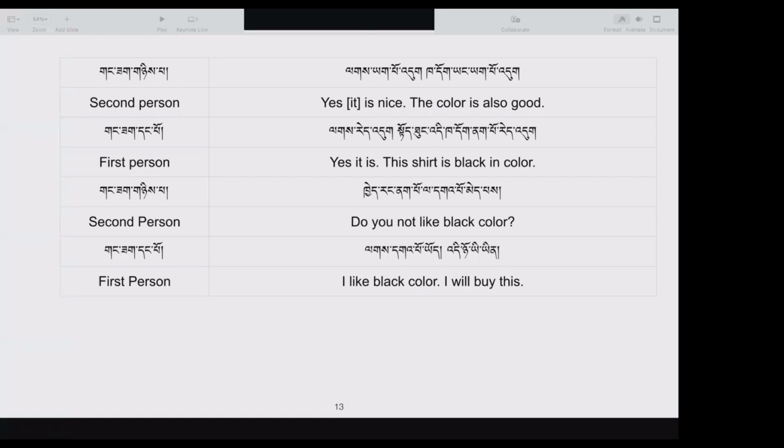So we can say kadoyan rembodu or kadoyan yapudu. It is also good. The color is also good. La redu, which is yes, it is. Yes, it is. The shirt is black in color.